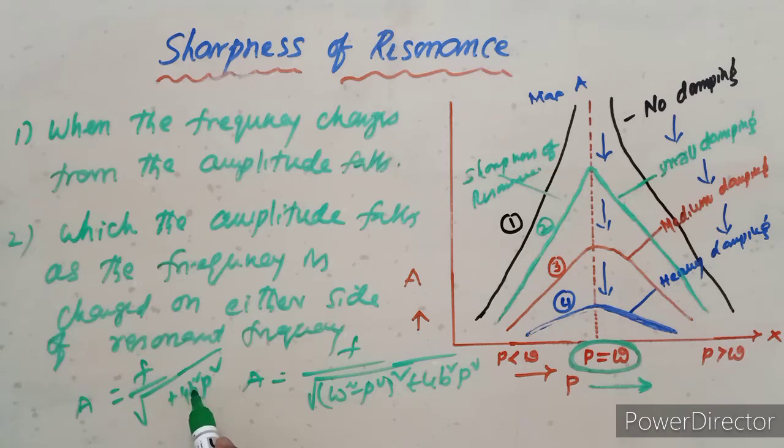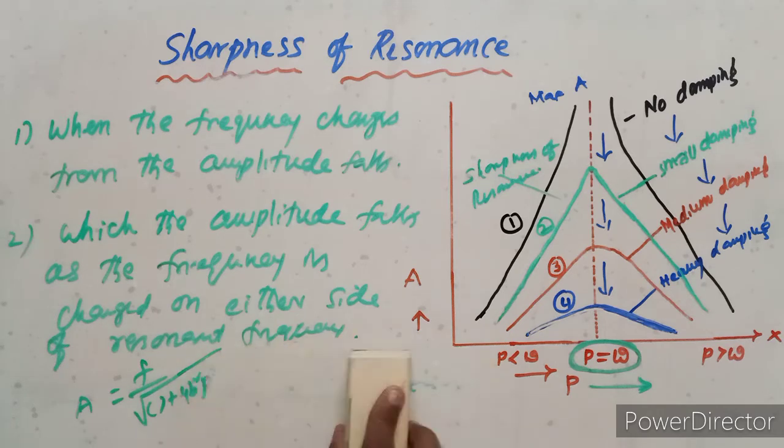So when this value is increasing, the amplitude is decreasing. So the amplitude falls with the change of frequencies.